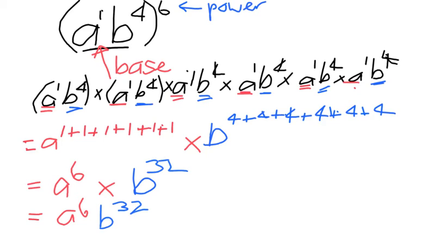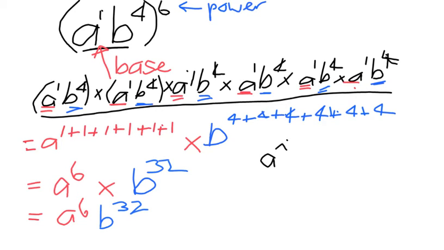We can actually demonstrate a rule for this instead of going through the whole process and writing out this long process. What we can actually do is say A to the power of x to the power of y is the same as A to the power of x times y.